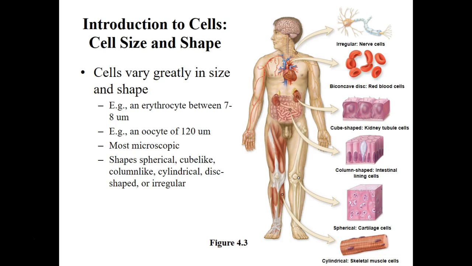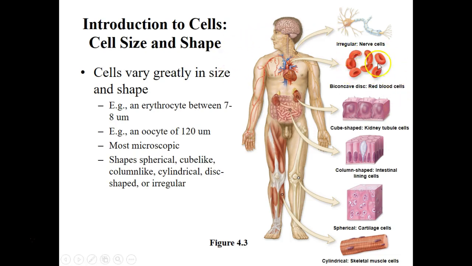Cells can vary in size depending on the type of cell, if you're talking about a eukaryotic cell versus a prokaryotic cell. In the human body, we have both, but we're going to look at those eukaryotic cells. Within eukaryotic cells, within the same organism, our cells can vary both in size and in shape.